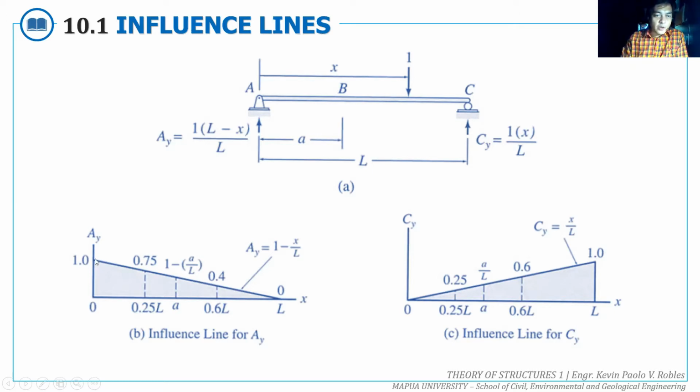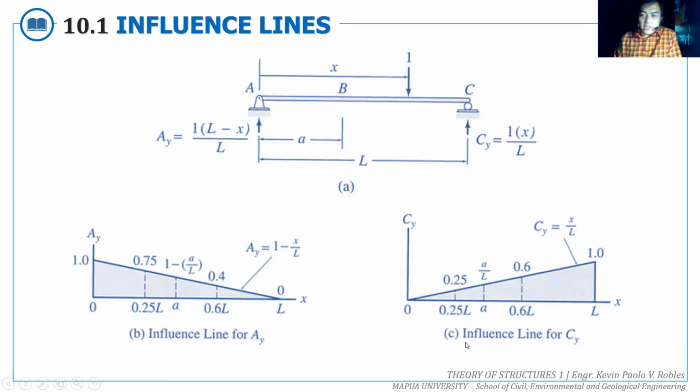And as the unit load moves from left to right, as you can see from the influence line diagram, the reaction decreases from 1 to 0.75 to 0.4 up to 0. So this influence line shows us the variation of the reaction at A when the unit load moves from left to right. Meaning to say, when the unit load moves from left to right, the reaction at A decreases from 1 to 0.